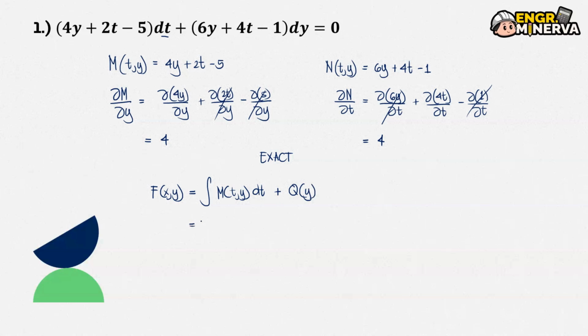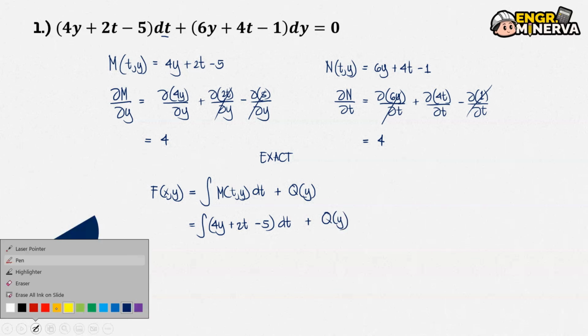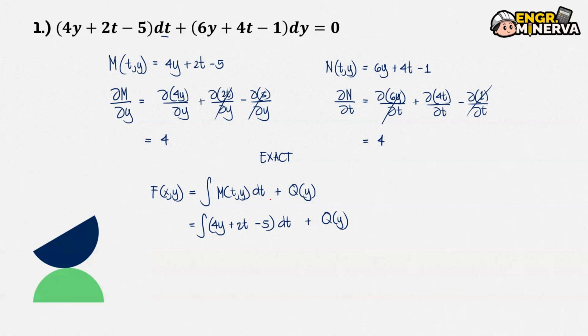So we integrate the integral of 4y + 2t - 5 dt plus a function of y. Since we are integrating with respect to t, your y here is constant.